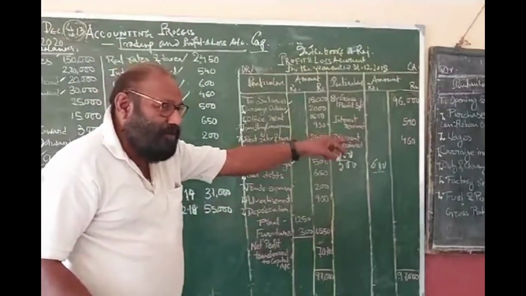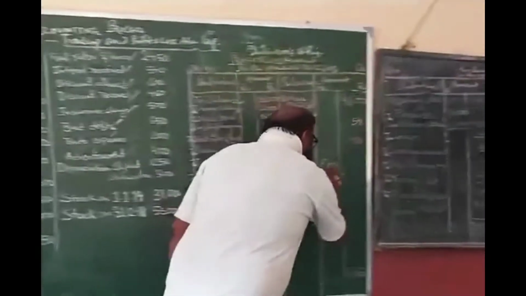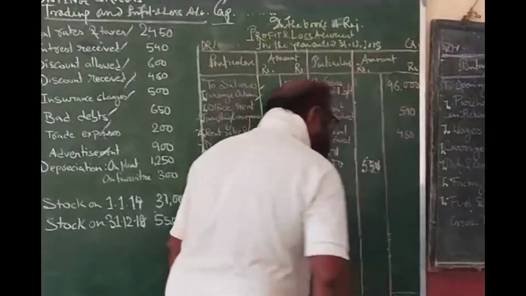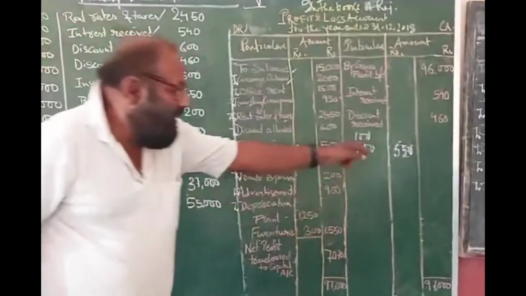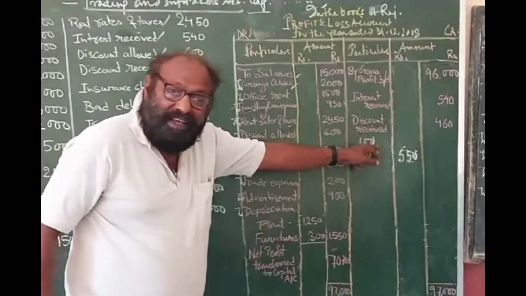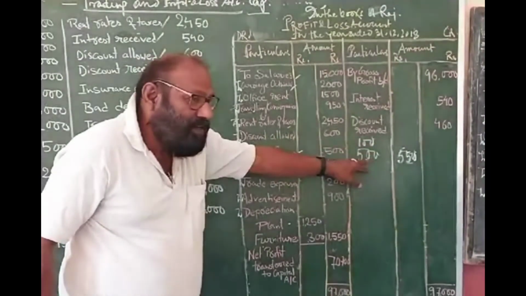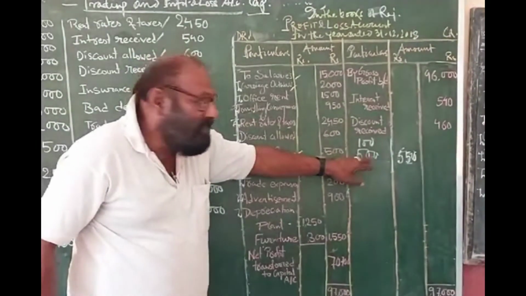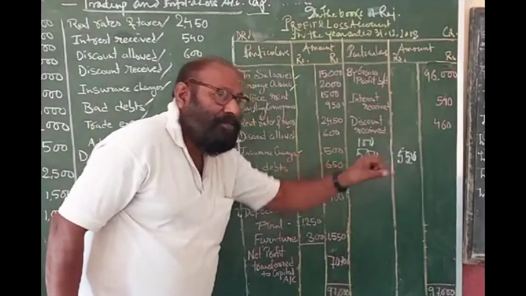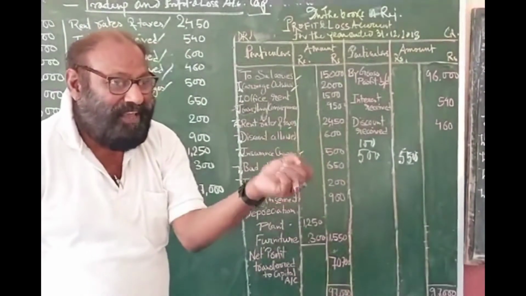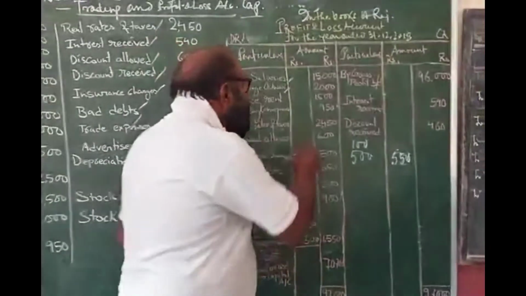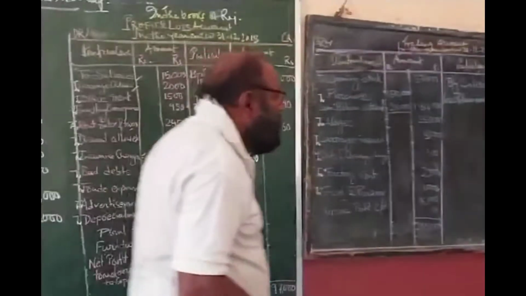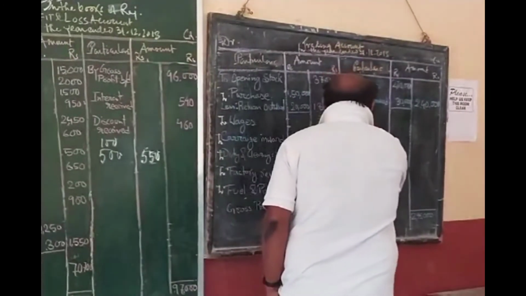Now you think you have sold 550. What does it mean? I had 100, I purchased 500, then I had total stock of 600, but still I have sold out 550, so it means 50 is my closing balance. Okay, that is closing stock. So what I can do, opening stock plus purchase less closing stock we can do, or instead of that, we can write closing stock over here.